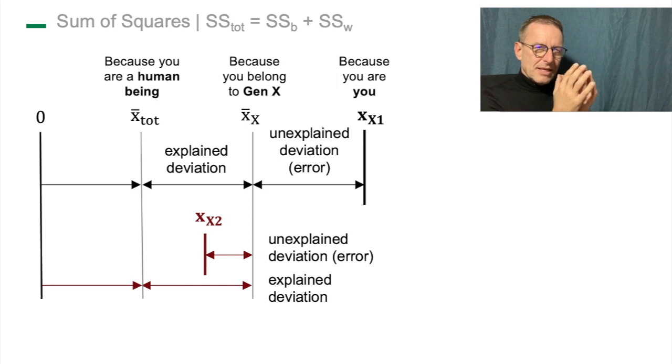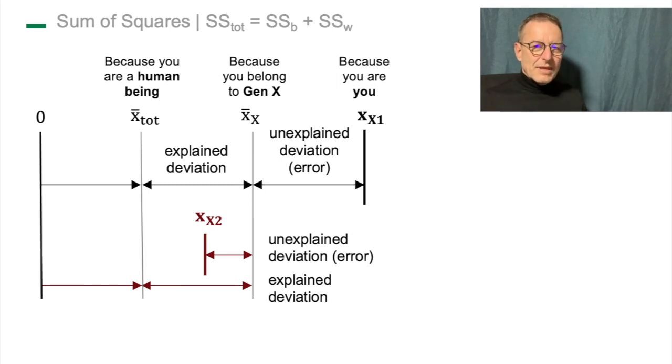And this overall tendency of somebody being a human being is represented by the total mean. We could also say this is the value people typically show when they are asked this question. Okay?